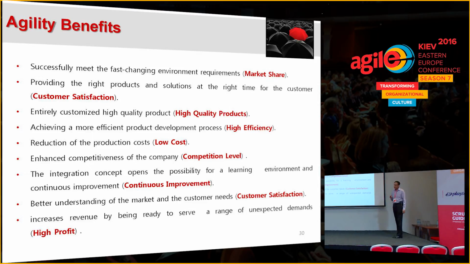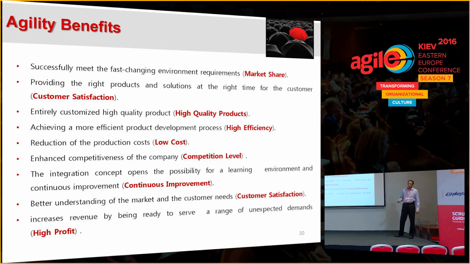High quality products. As I said, companies can't compete on price anymore because the price is known everywhere in the world, so they compete on quality while the price is fixed as well. Low cost. If you are lean and agile at the same time, that means your cost will be low.